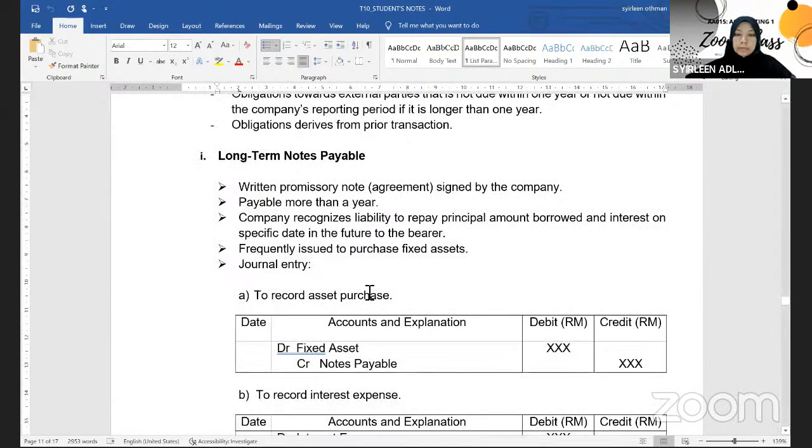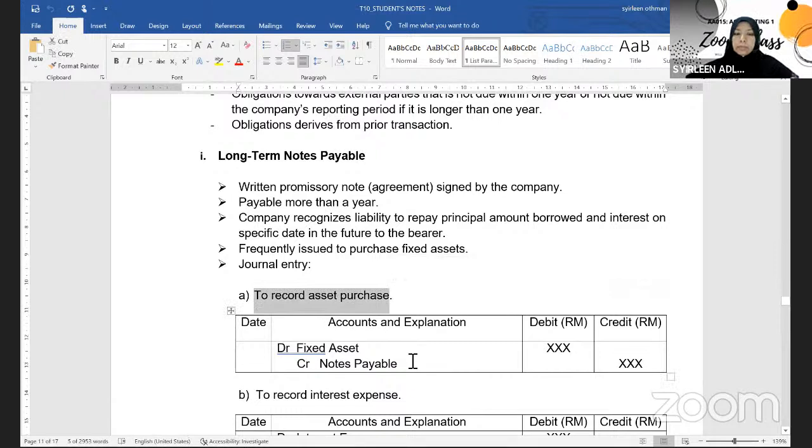So the first thing that you need to know whenever we agree to sign the long-term notes payable, the first thing that normally yang kita akan record is what we are going to do with the money. Normally we are using the money to purchase asset. So the first transaction that you need to record in your general journal ialah to record asset purchase.